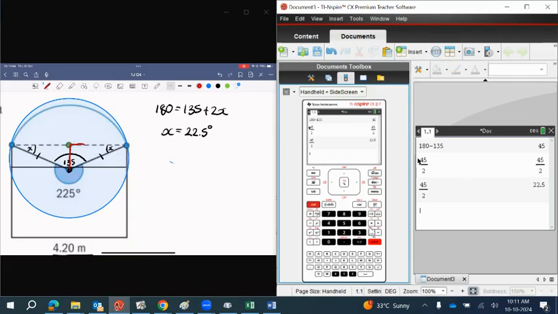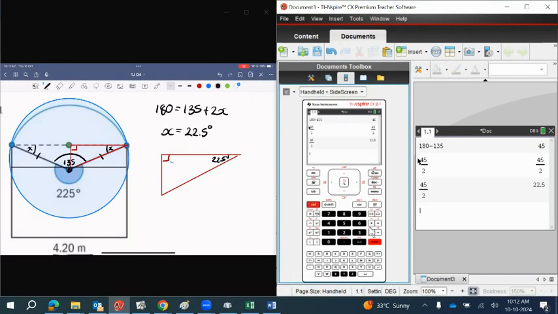If I draw a triangle like this one here, we'll try that again. This is a right angled triangle. That right angled triangle I'm drawing there is going to have an angle at this point of 22.5 degrees.